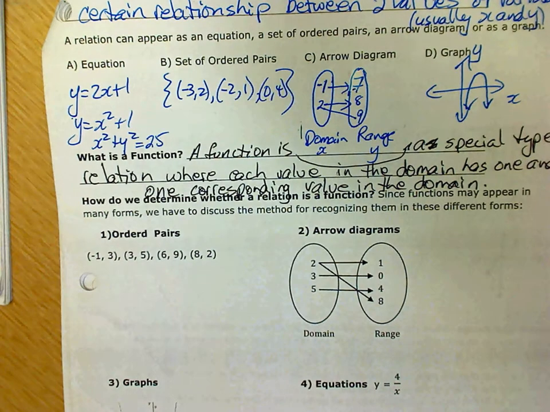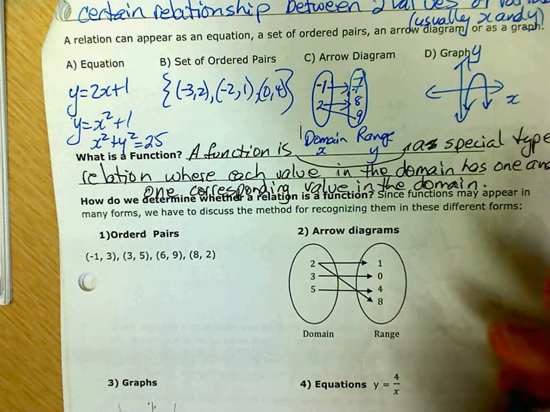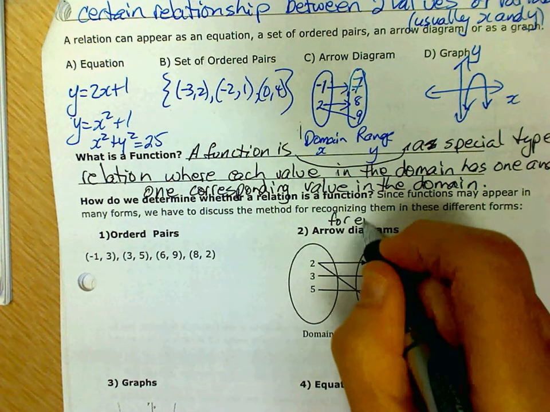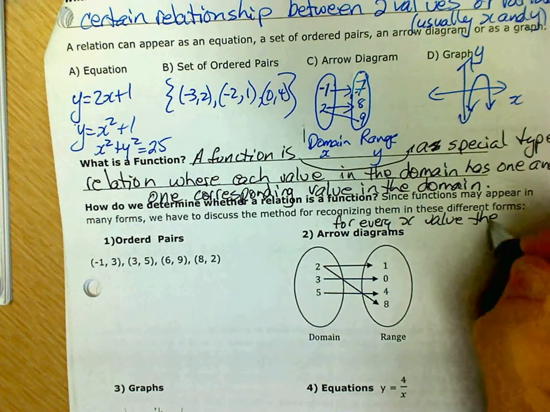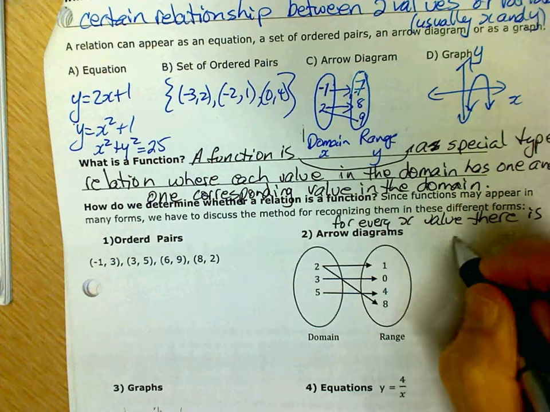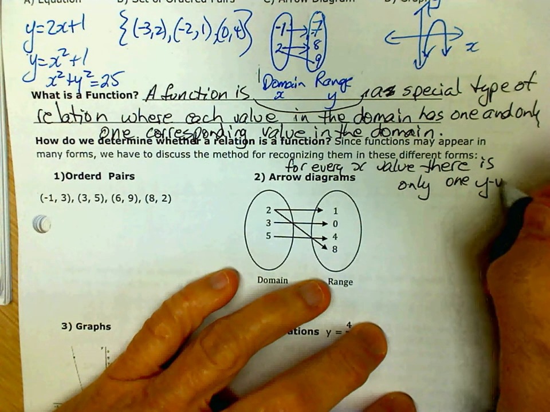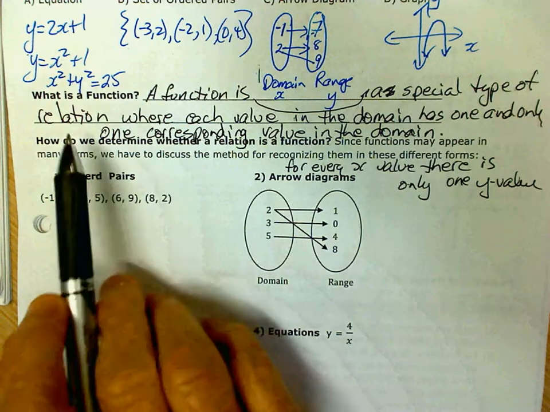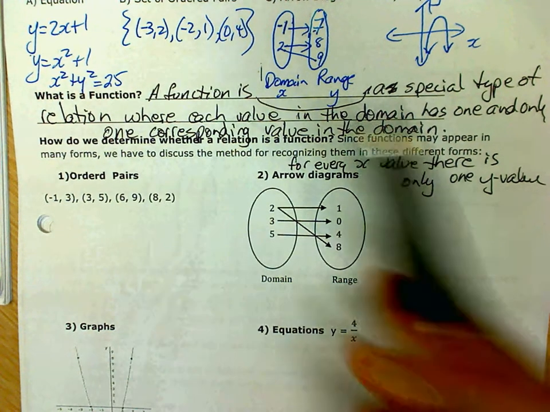Okay, so a function is a special type of relation where each value in the domain has one and only one corresponding value in the range.